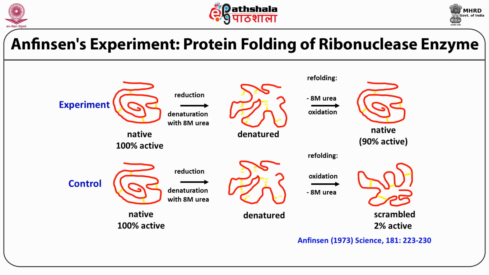And the 2% active molecules are the result of a probable chance where the right cysteines came close to one another to form the right disulfide bonds.